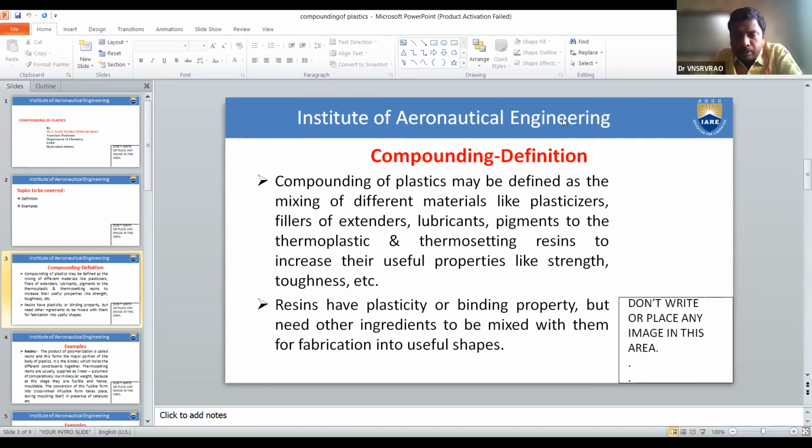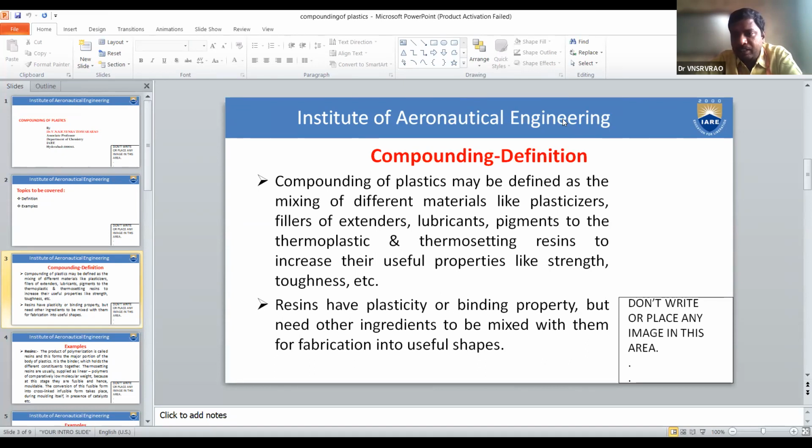So for the two types of plastics, we need to develop some properties like strength and toughness. For this purpose, we add external ingredients. Such a process is called compounding of plastics. This compounding takes place in various categories: addition of plasticizers, fillers or extenders, lubricants, pigments, and stabilizers.